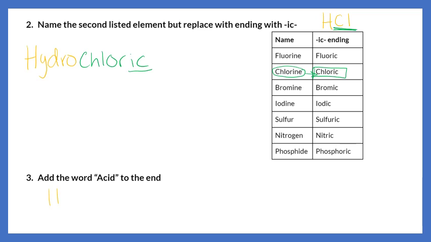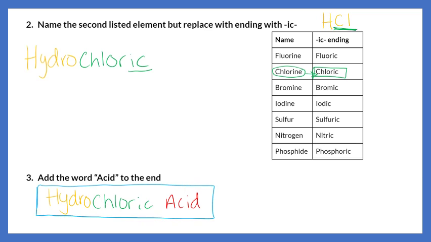So we have hydrochloric acid. There we go. There's your acid, hydrochloric acid. Hydro for the H, chloric for the chlorine, acid because it's an acid. And this time we're changing our endings, remember, to ic.